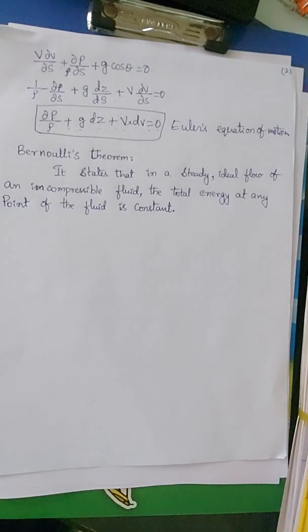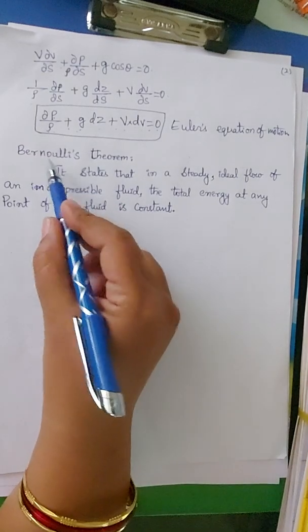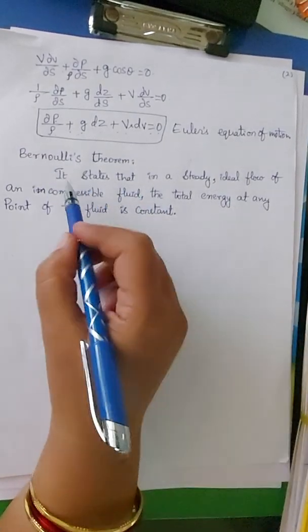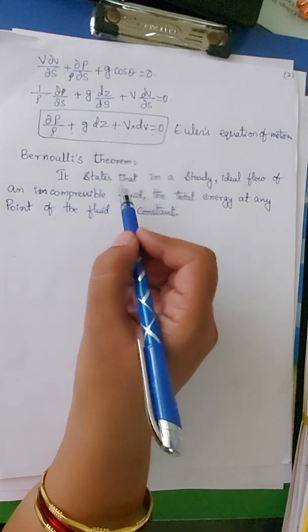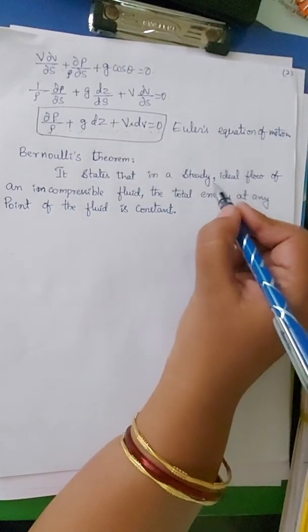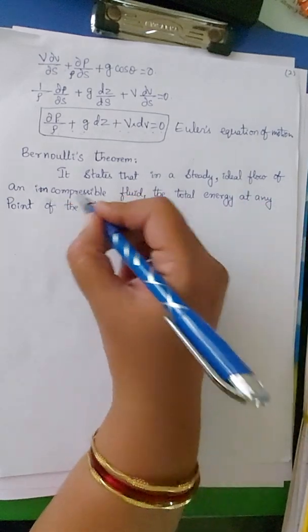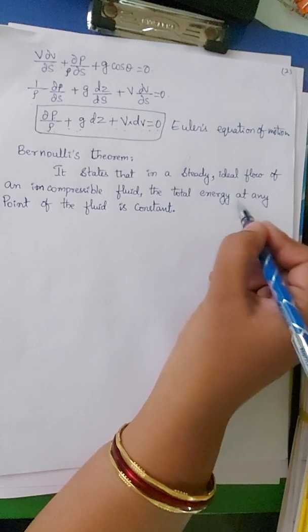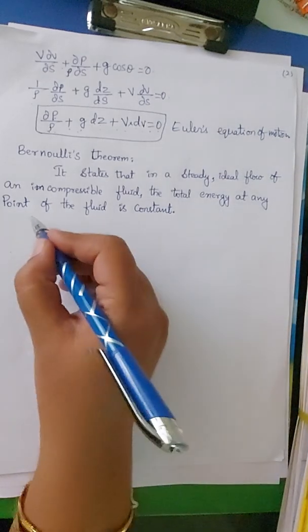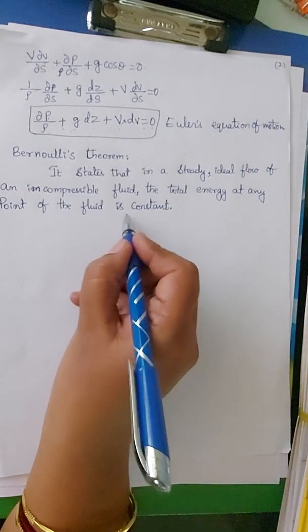In the previous class, we have studied about Euler's theorem. Today, let us study about Bernoulli's theorem. The statement of Bernoulli's theorem goes like this. It states that in a steady, ideal flow of an incompressible fluid, the total energy at any point of the fluid is constant.